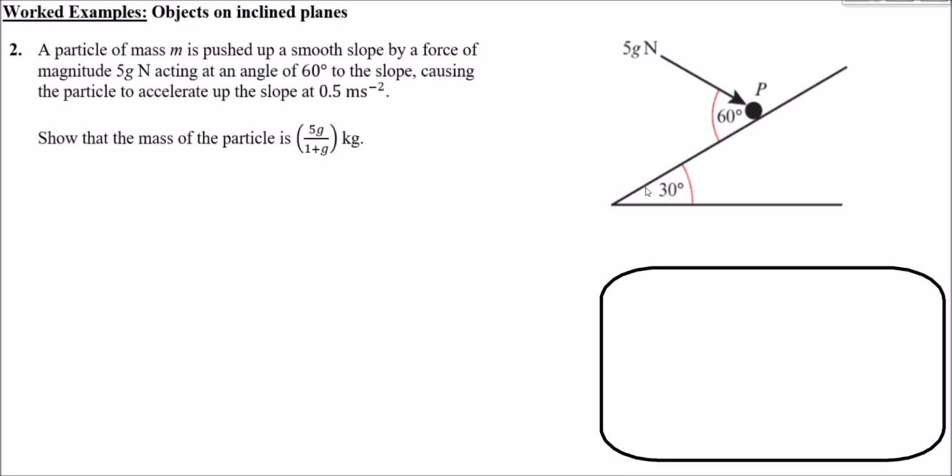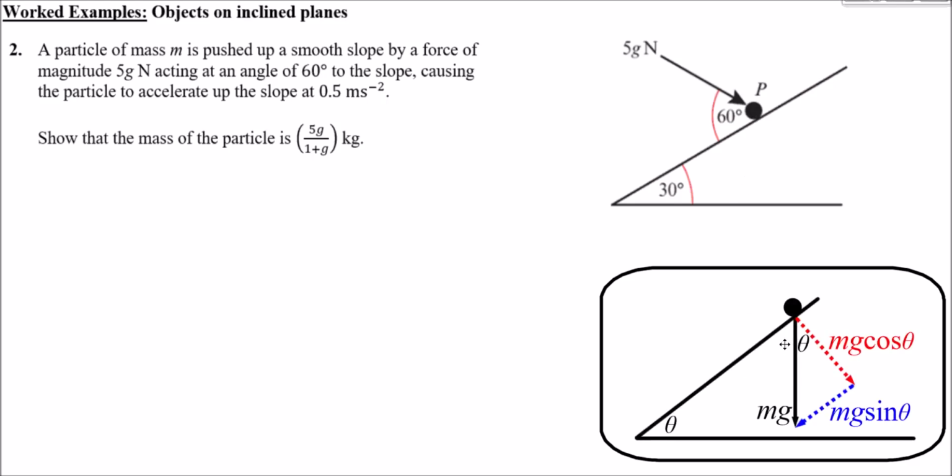So again, because it's acting up a slope, we might want to resolve this perpendicular to the slope and parallel to the slope too. So let's use this to our advantage in terms of resolving the weight both perpendicular and parallel to the slope. This force diagram isn't quite complete yet, but we'll get there.